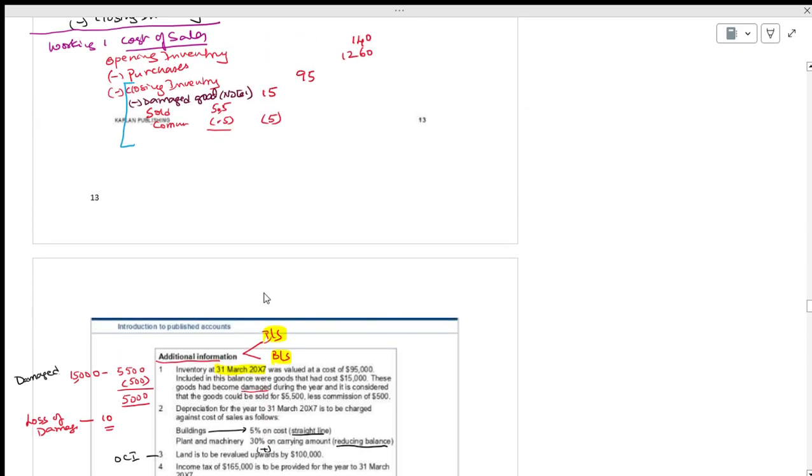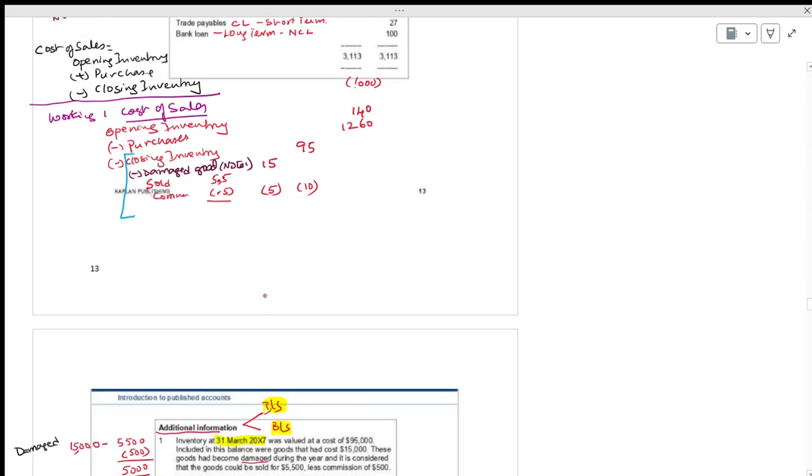Loss is 10,000. Is it right? Any doubt? Ask me. Stop me where you find doubt, and I can make it very clear how it's happening.